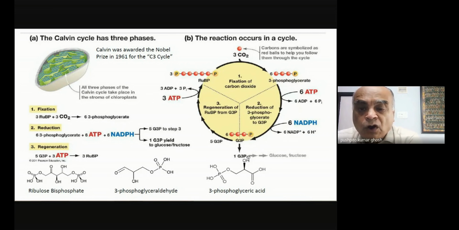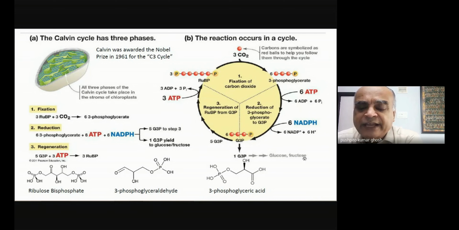Okay, so in all, I have consumed 9 ATP molecules and 6 NADPH molecules to form one glyceraldehyde phosphate, which will basically be equivalent to half a glucose molecule, because glucose is a C6 carbon and this is C3.